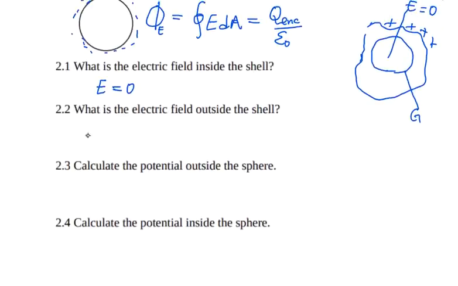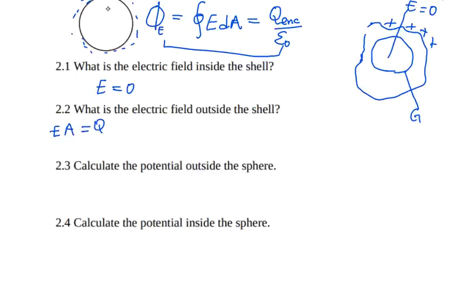So using the same formula for the flux, we have that EA is equal to Q enclosed divided by epsilon naught.